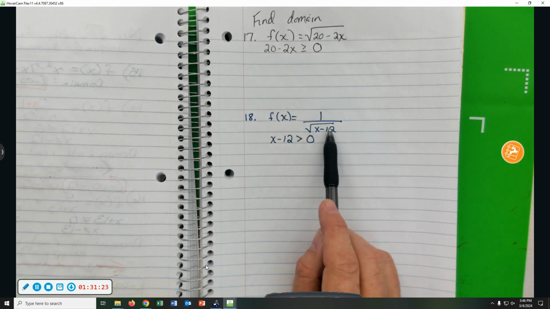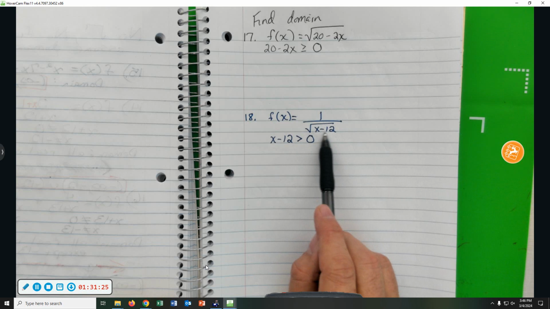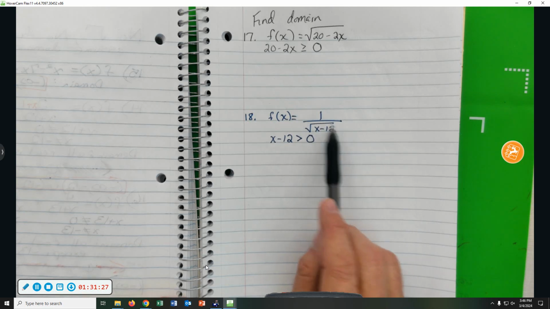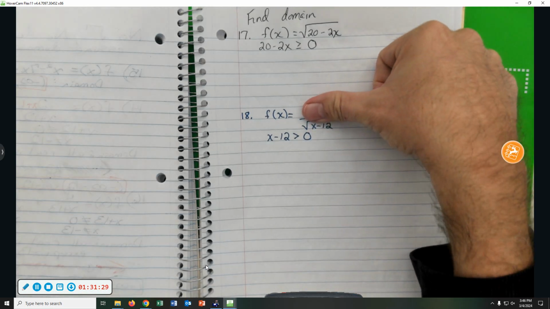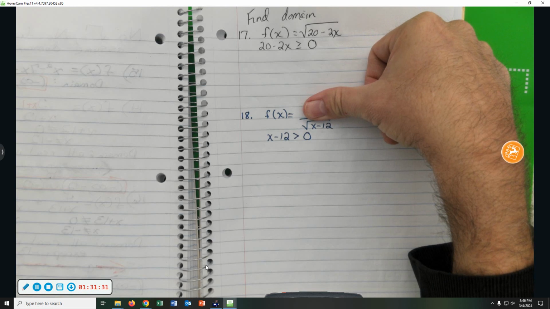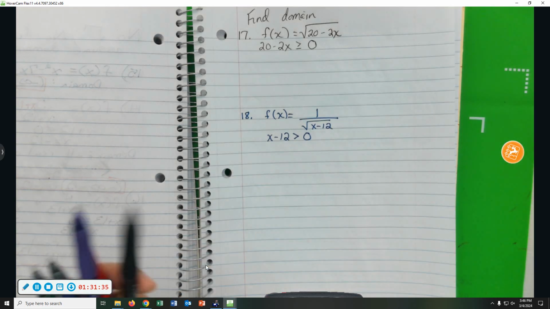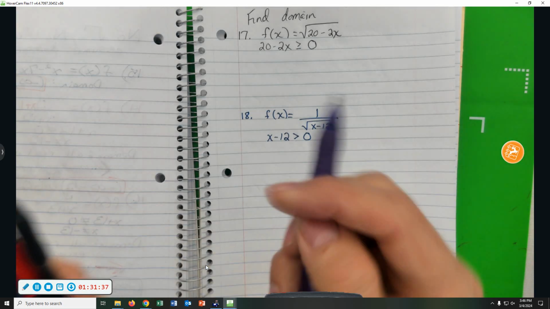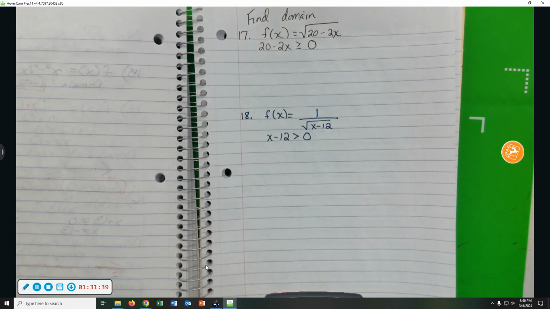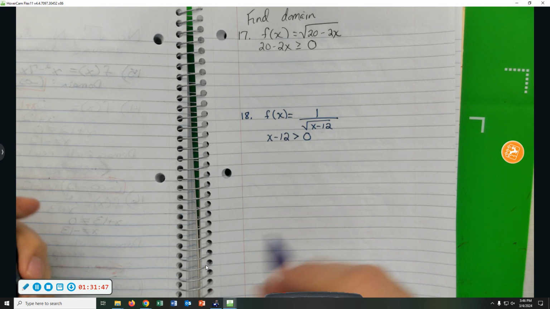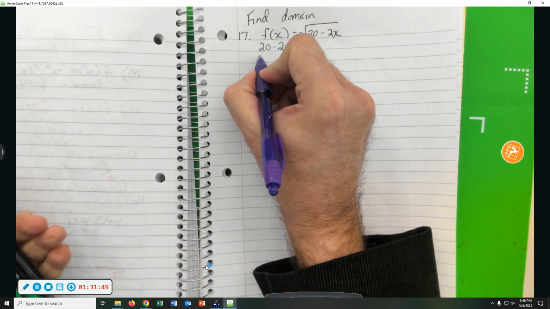It's not okay to have a 0 in the bottom of the fraction. If it had just been the square root of x minus 12, we'd have an equal sign here. So let's solve the top one using the cut point method. It might be difficult because you've never solved a cut point problem that's this easy. You start off putting an equal sign.